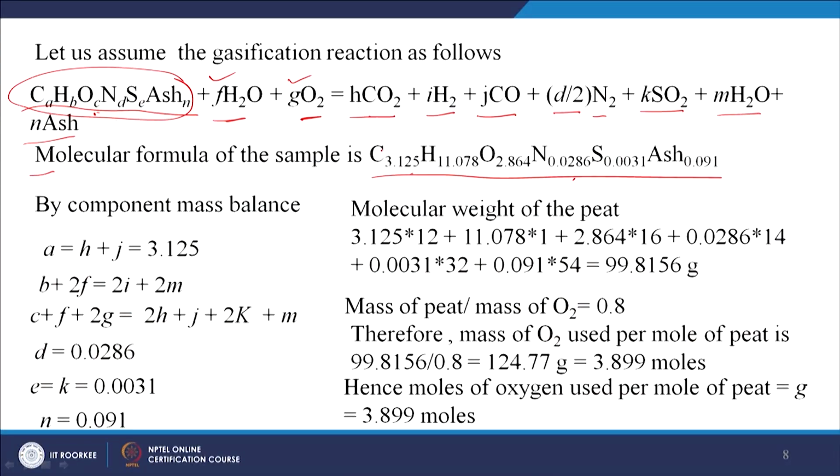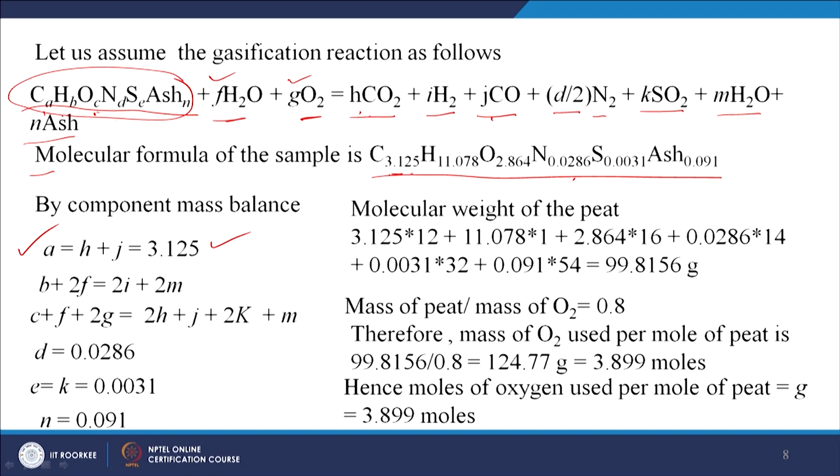Now, let us see. If we compare this, what we are getting from the carbon balance: A is equal to H plus J. So, A is equal to H plus J, and this A is equal to 3.125. So, A equals H plus J equals 3.125.